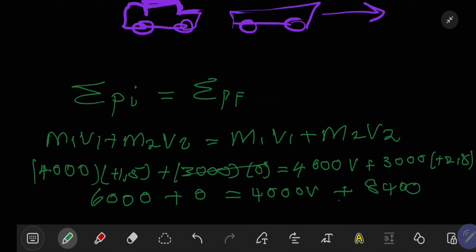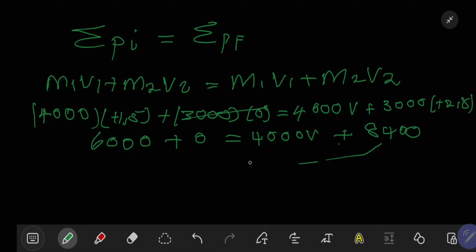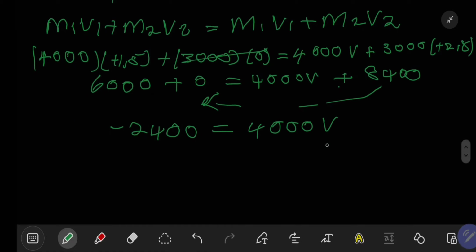Then we simplify this. We can take this to the other side and it will change its sign. Then we have negative 2,400, which equals 4,000 v. Because we're looking for the velocity, we divide both sides by 4,000.